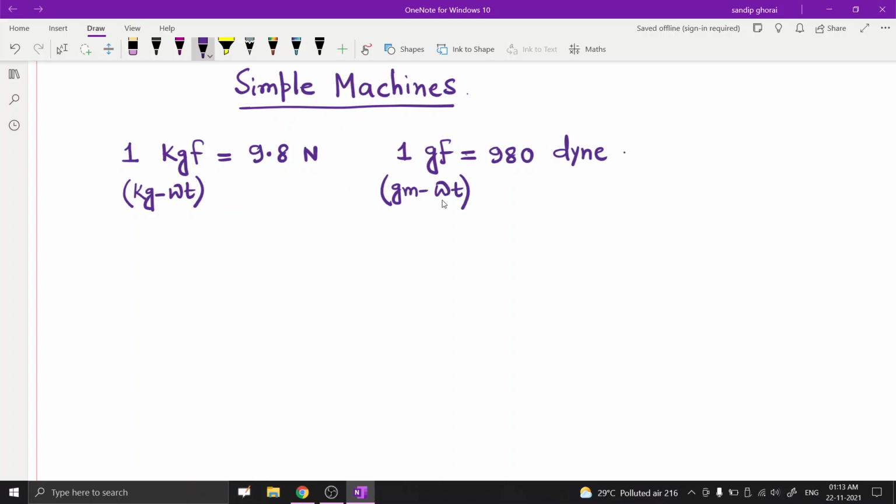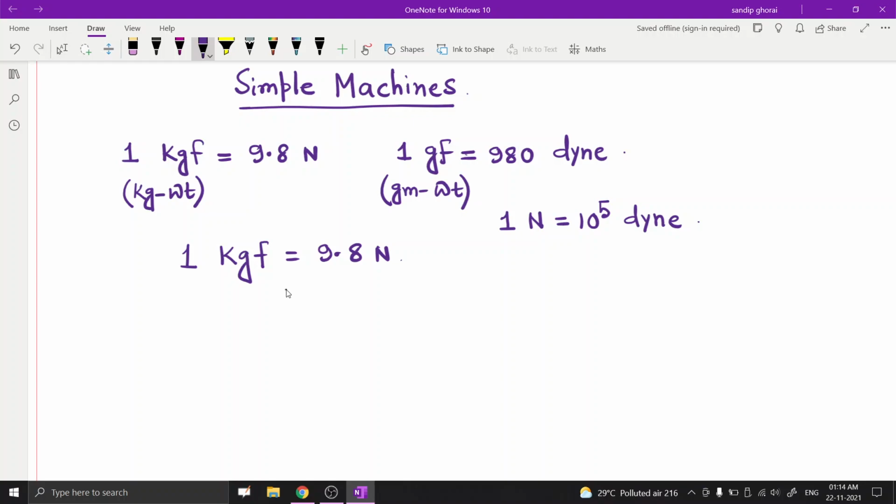Now the question is, if I want to know the relation between kgf and dyne, how do we find it? 1 kgf is equal to 9.8 Newton, and we also have the relation 1 Newton is equal to 10 to the power 5 dyne.